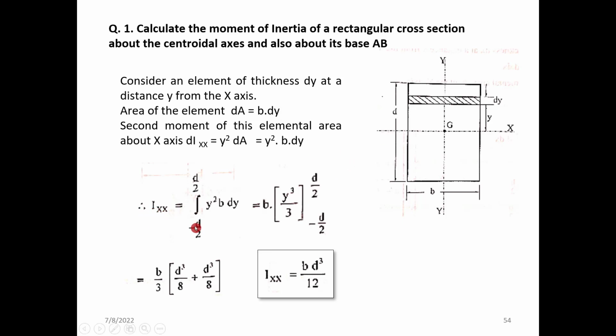So Ixx is equal to the integral from minus d by 2 to d by 2 of y square into b dy. Upon integration, we will get the value b d cube by 12. This is an important derivation, and you are required to use this moment of inertia value for different problems later on.